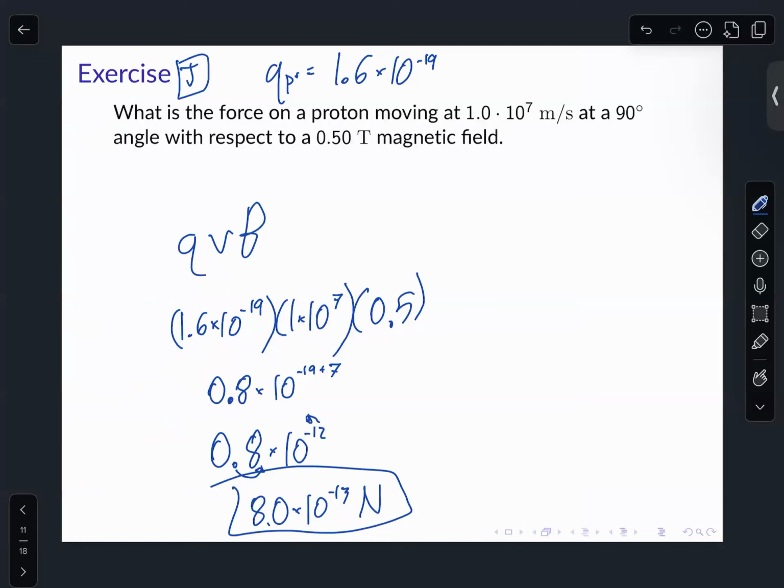Wait, quick checkpoint. Google question K. Scale of 1 to 5. How you feeling? Like specifically about your learning in here, magnetism in particular. Where are you at?